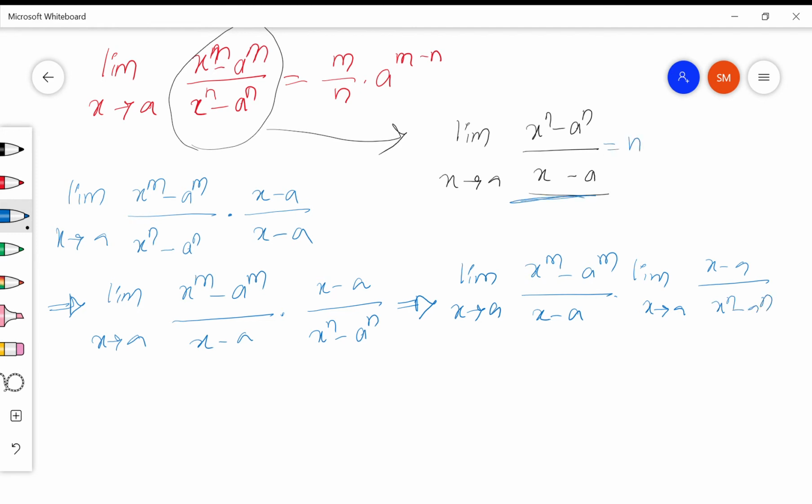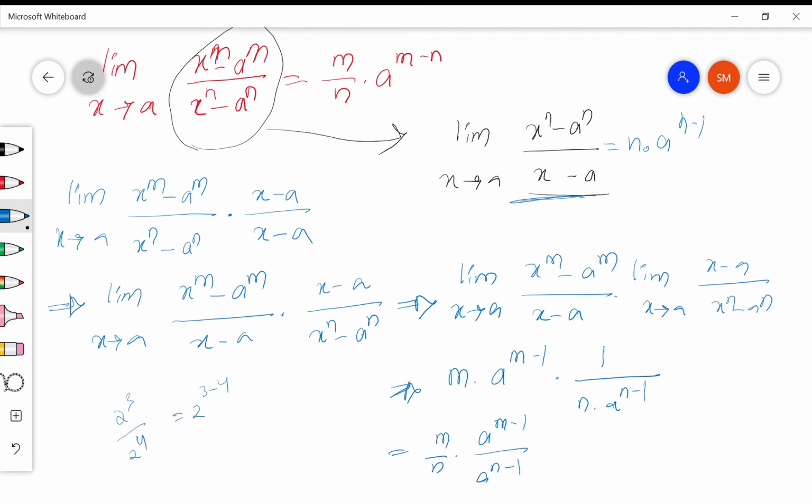This equals n into a power n minus 1. So in the first case it would become m into a to the power of m minus 1. In the next case it would become 1 by n into a power n minus 1. So which is m by n into a to the power of m minus 1 by a to the power of n minus 1. Like in exponents we learned already, 2 power 3 by 2 power 4 can be written as 2 power 3 minus 4.